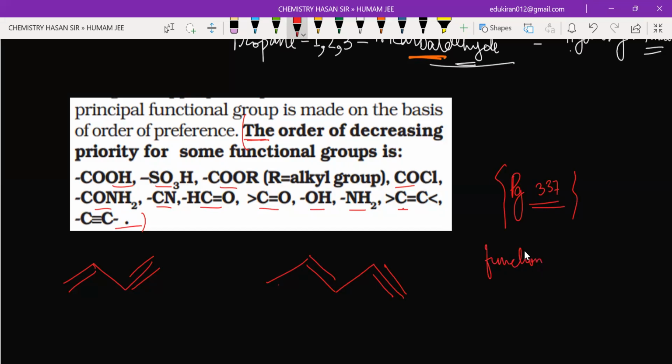Functional group, name, symbol, then when it is used as a substituent, then when it is used as a main functional group. Today you are going to do that.